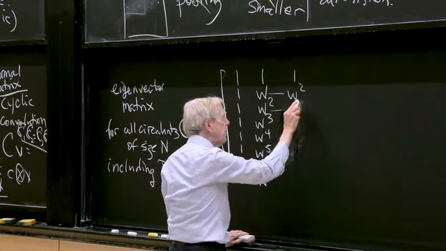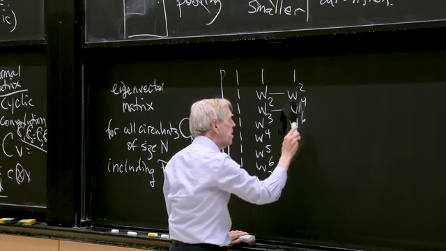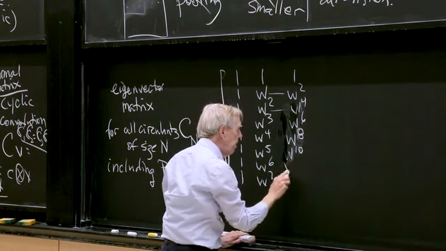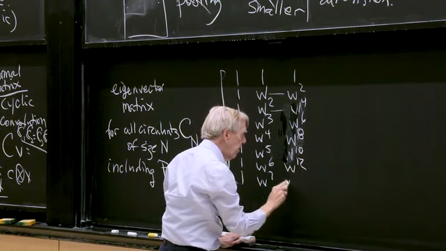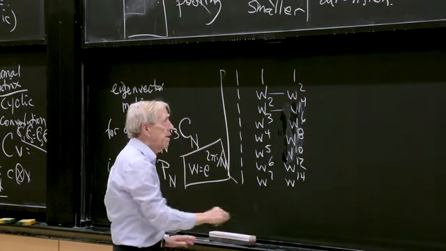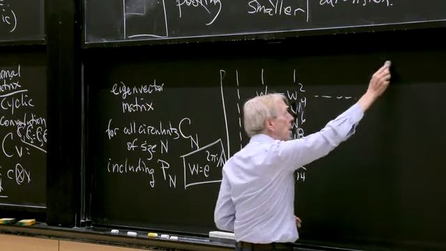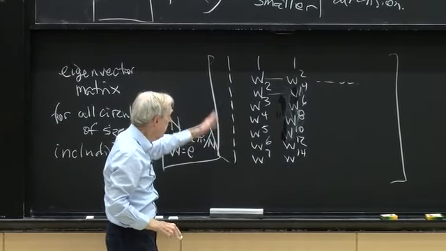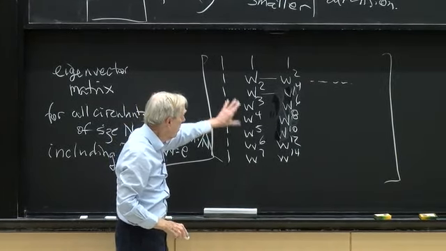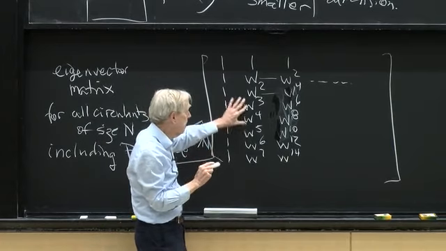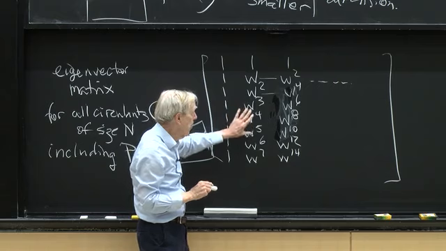W squared, now it's W to the 4th, W to the 6th, W to the 8th, W to the 10th, W to the 12th, and W to the 14th. And it keeps going. So that's the eigenvector with eigenvalue 1. This will have the eigenvalue W, or the conjugate, might be the conjugate, W bar.